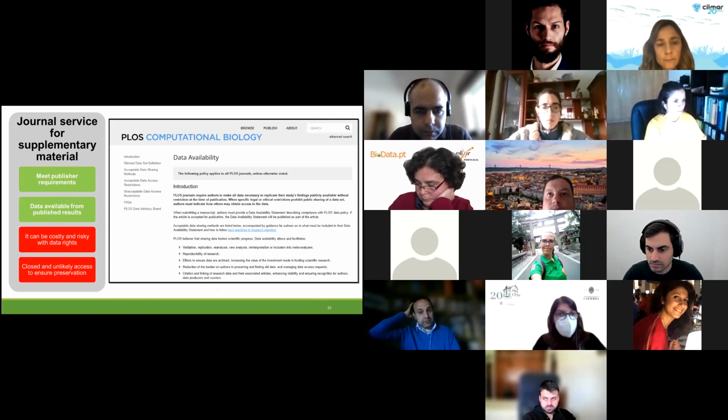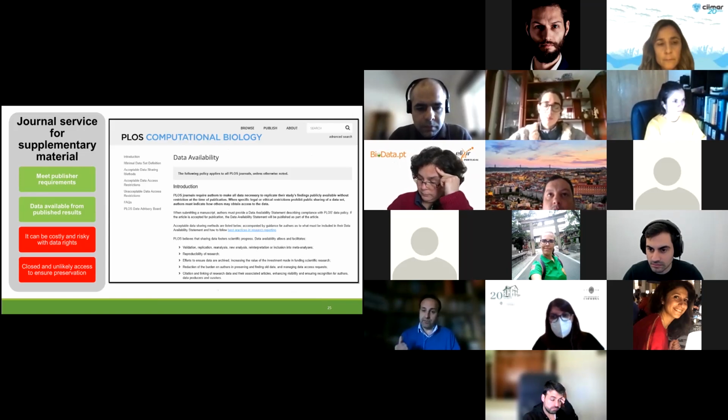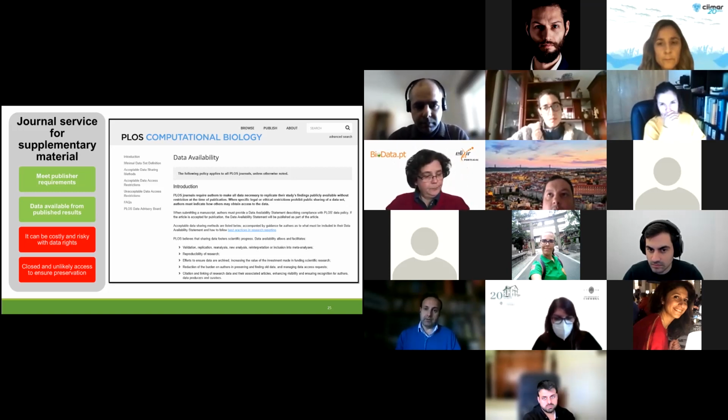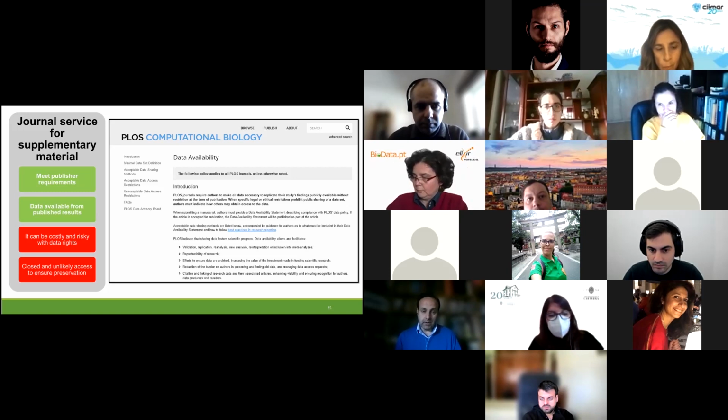They have these data availability policies to ensure reproducibility, to ensure that the data is properly archived and licensed, and to validate the results presented in the articles. And if you look at this policy, they also suggest a set of repositories that you can use to deposit and publish your data.